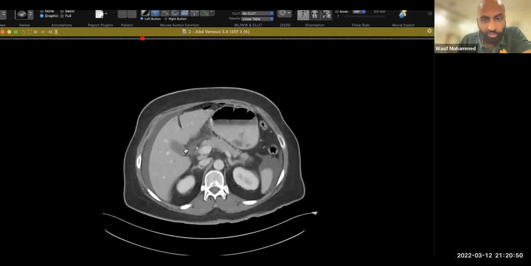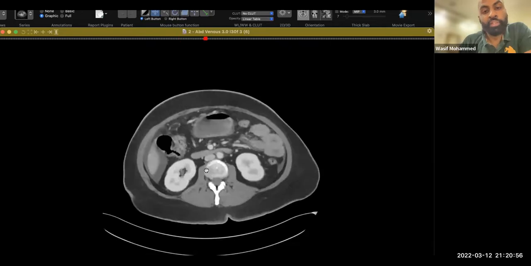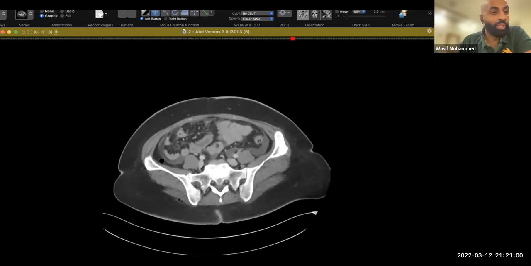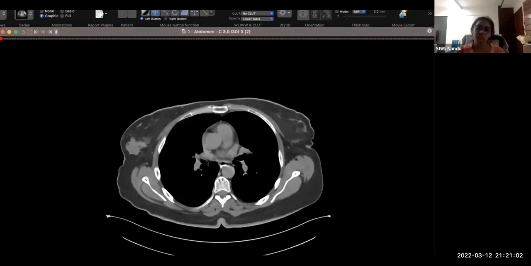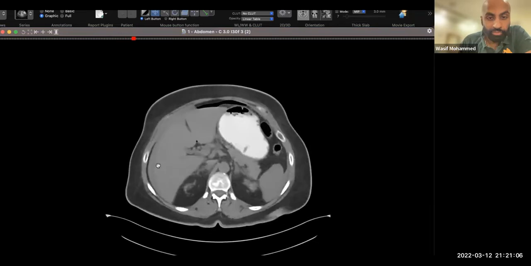You can almost see the bubble, but honestly the surgeon was still not convinced that this is a perforated duodenum. They said their approach would be completely different if it's a perforation from any other side. So we did have to, in fact, administer positive oral contrast in this patient.